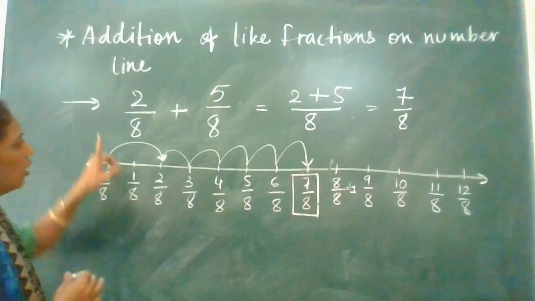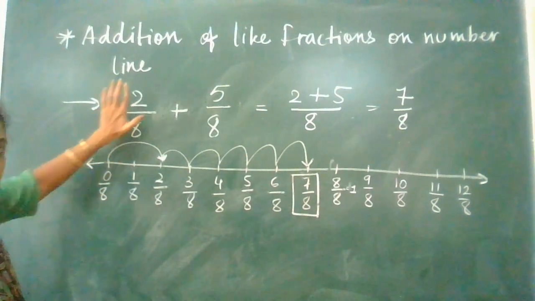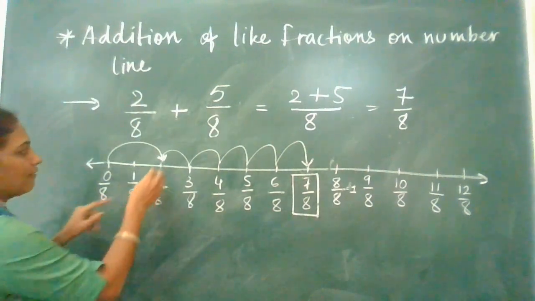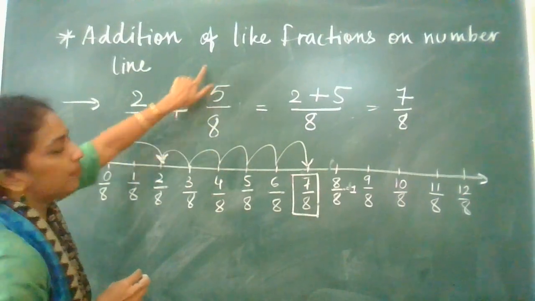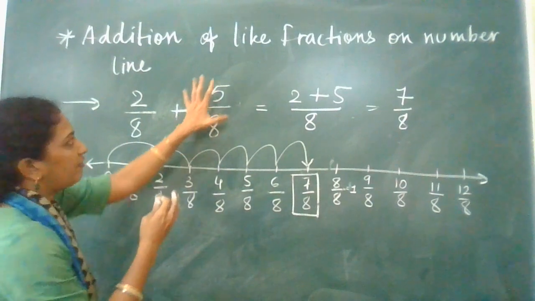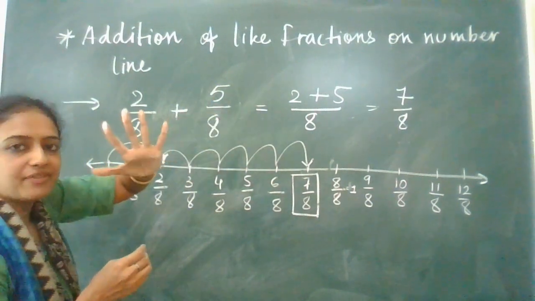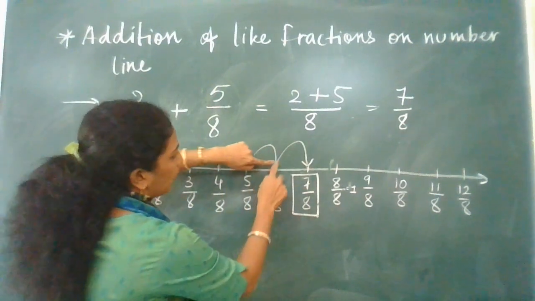I am repeating. First of all, starting with the 0, we'll go to the first fraction, that is 2 upon 8. So we have come here. Now the next fraction, 5 upon 8, will show how many steps you have to move forward. So 5 upon 8 means 5 steps: 1, 2, 3, 4 and 5.